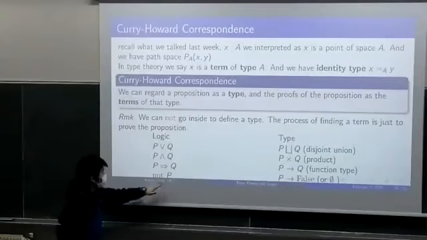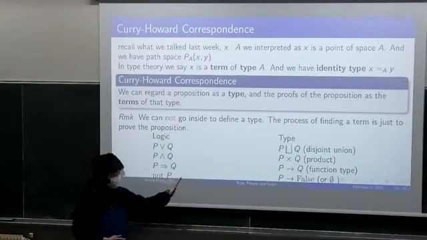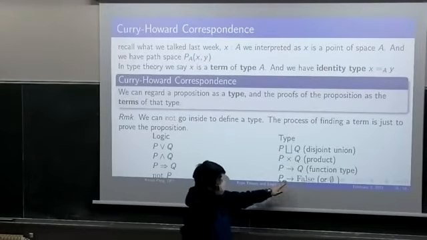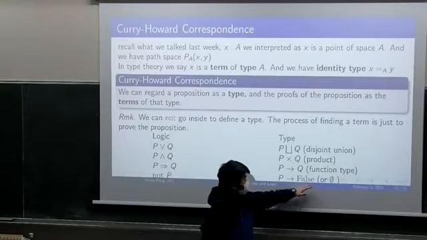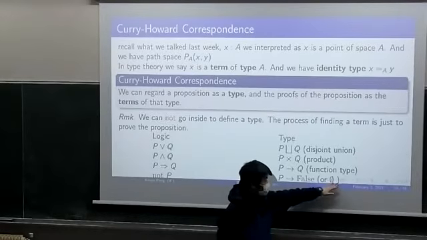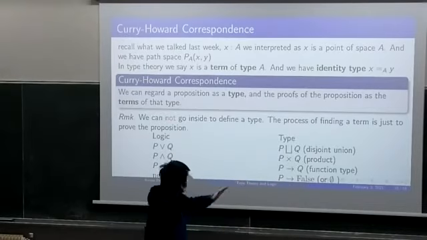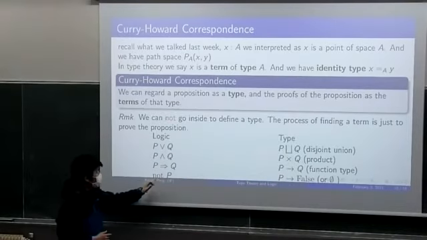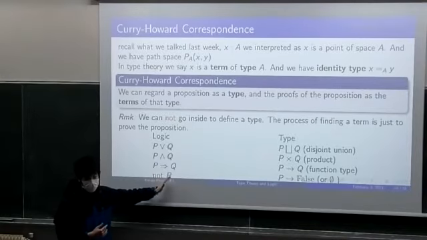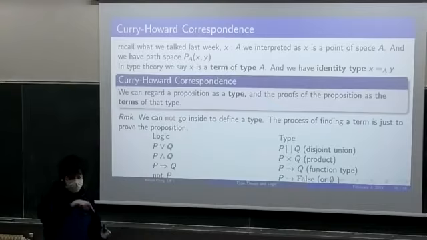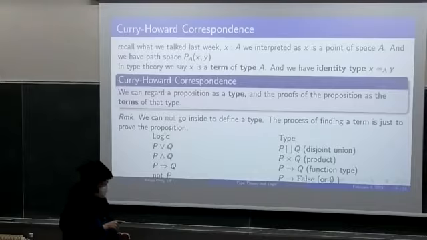When it comes to the negation, not P, it's quite interesting: it's a map from P to something called False, or you can think of it as the empty type, the empty space. If I want to prove the negation of a proposition, I somehow need to prove that P is empty. But as I said, we cannot go inside and say it's empty. We need to find some evidence that it is empty.